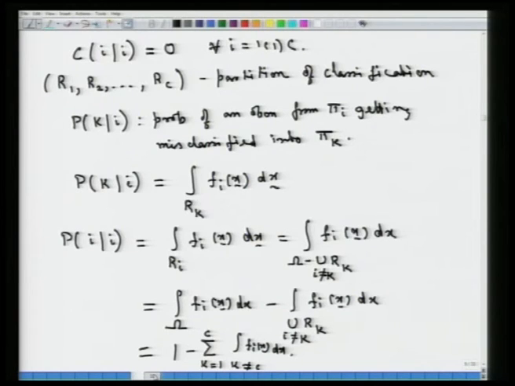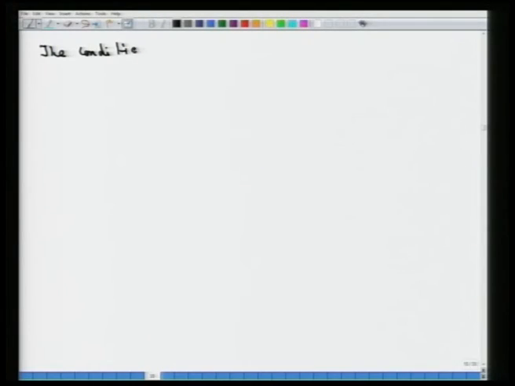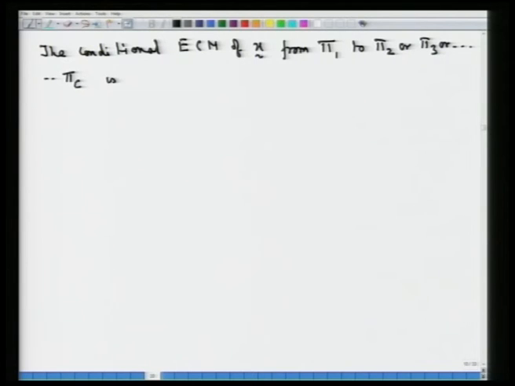Now, let us build up that expected cost of misclassification in the following way, that we first look at the conditional ECM, the conditional expected cost of misclassification of an observation x from pi 1 say to pi 2 or pi 3 or any of the other populations, that is pi 1, pi 2, pi 3, up to pi c, any of these is going to be given by say ECM 1.